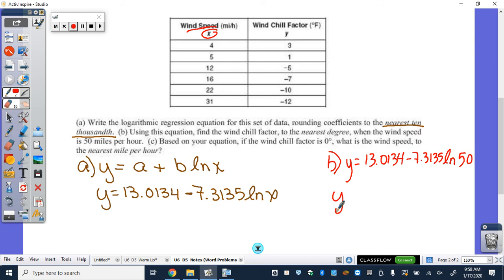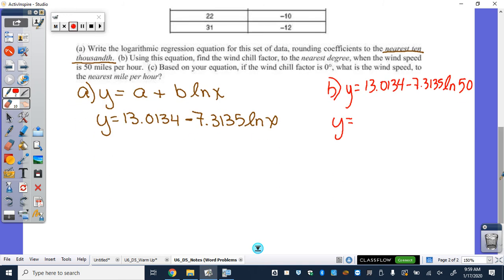And then you just type that into your calculator. Should get a negative number. I had negative 15.59. So to the nearest degree, that'd be negative 16 degrees.